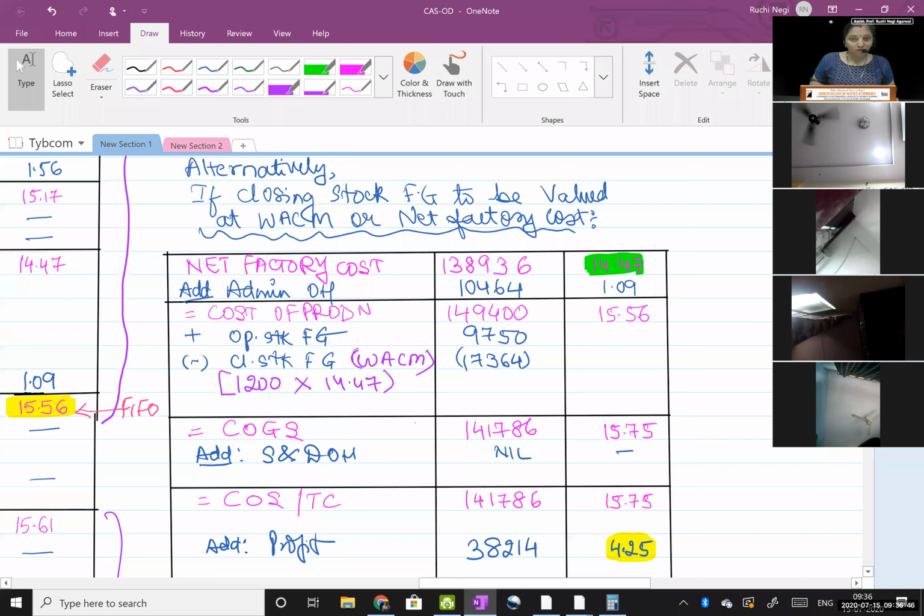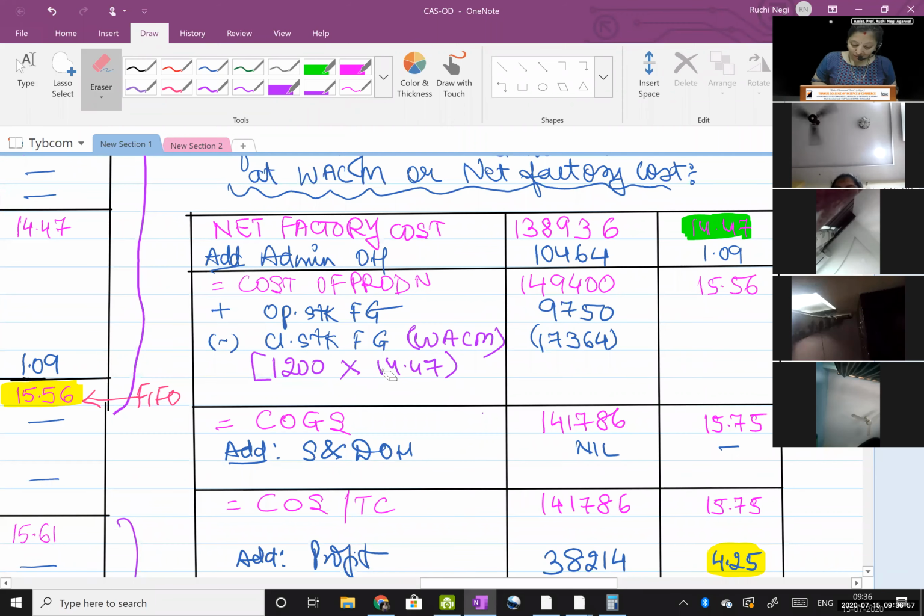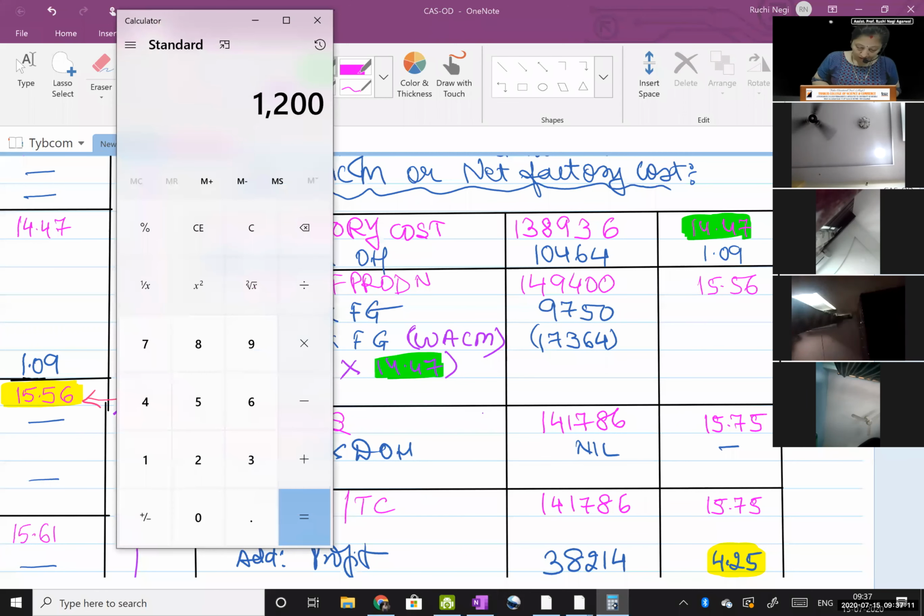The net factory cost, admin overheads, cost of production, opening stock of finished goods, and now see the calculation by weighted average cost method. 1,200 multiplied with the weighted average rate, 14.47. So 17,364 is my closing stock answer.